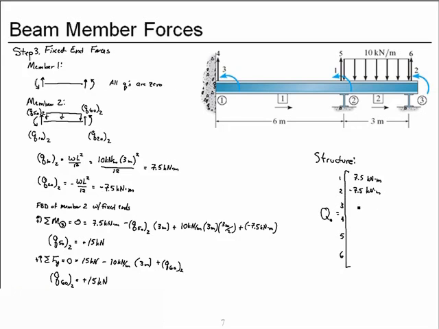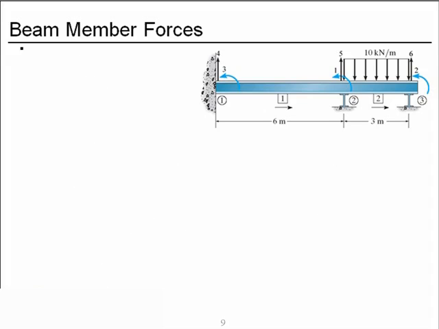At degree of freedom 3, we have no fixed end force. Degree of freedom 4, none. Degree of freedom 5, we found to be positive 15 kilonewtons, and at degree of freedom 6, also a positive 15 kilonewtons. Now we are ready for step 4, where we find deformations.